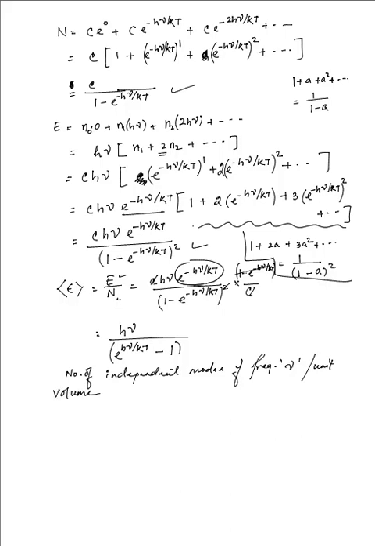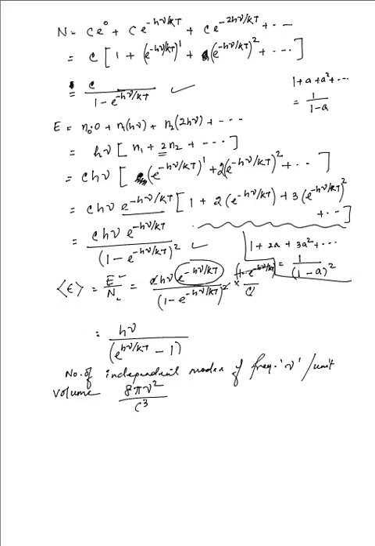So this per unit volume is equal to the Jeans number that was obtained, that we had provided, the Rayleigh-Jeans expression, that is 8 pi nu square divided by c cube. So this is the number of independent modes available.